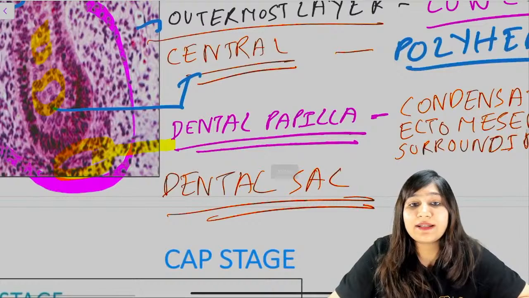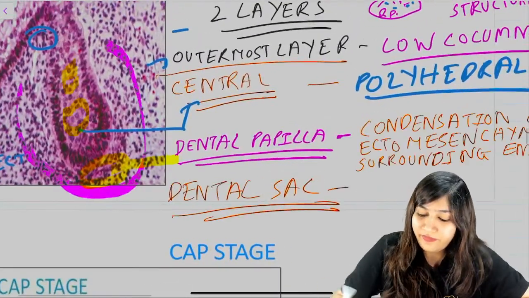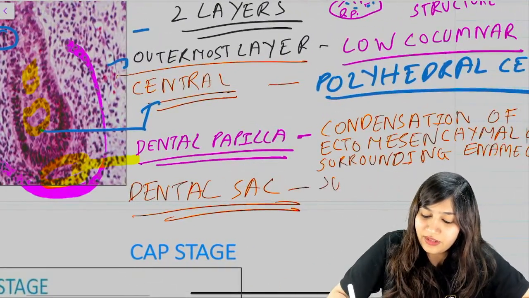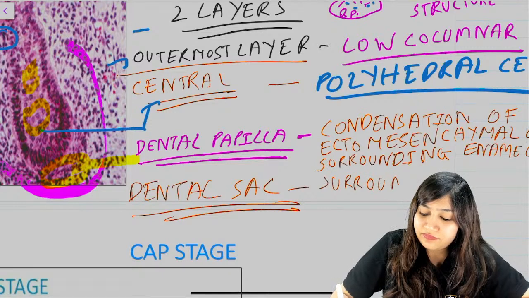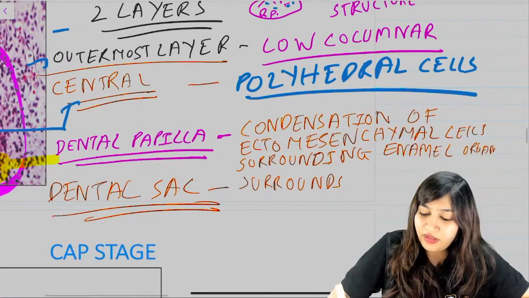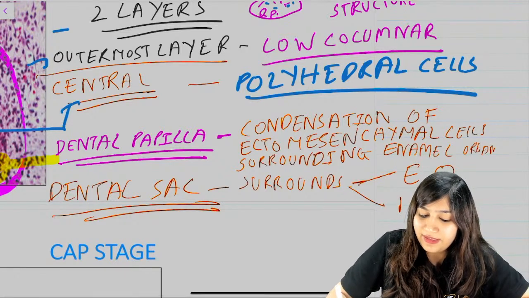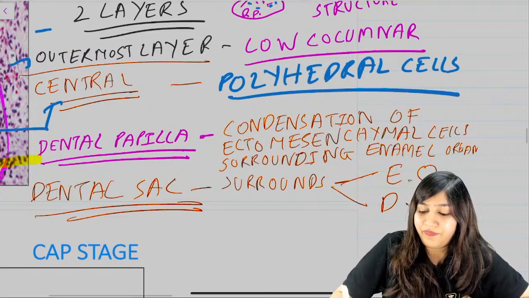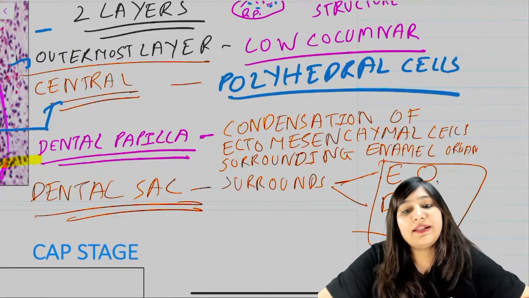It is a condensation of ectomesenchyme surrounding both the enamel organ and the dental papilla.